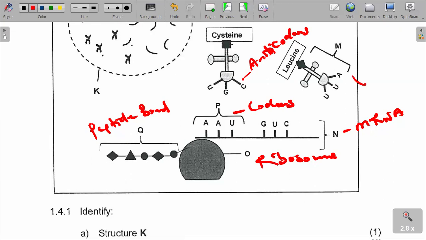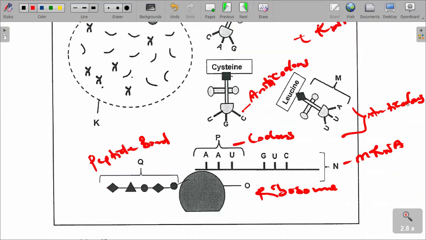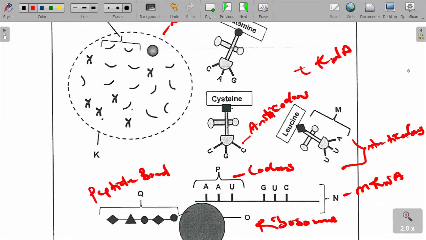You understand? Having said all this, these are what we call amino acids, which are brought by tRNA.